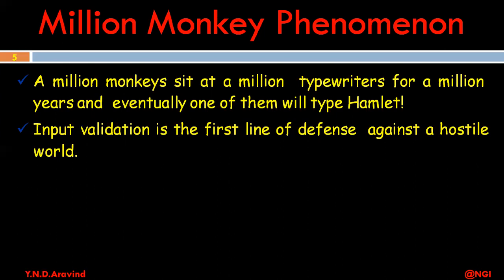There is one phenomenon called the million monkey phenomenon. What it says is that if a million monkeys sit at a million typewriters for a million years, eventually one of them will type Hamlet. By random chance, they will type the word Hamlet.